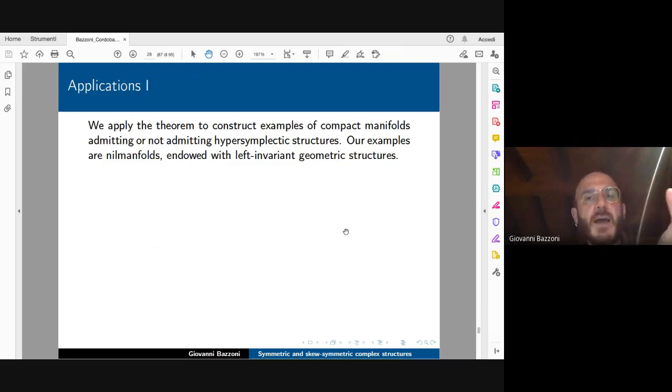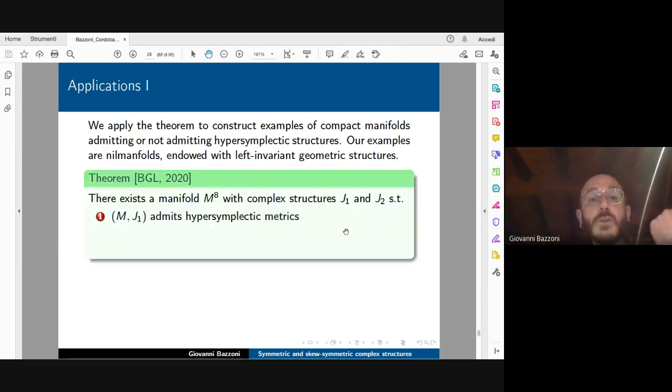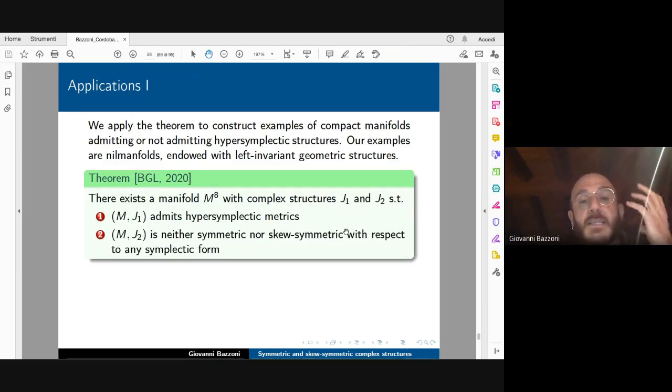As I say, these are nilmanifolds, and the kind of structures we are interested in are left invariant geometric structures. So for instance, we have an 8-dimensional manifold with two non-equivalent complex structures, J1 and J2, such that the first one admits hypersymplectic metrics, and the second one is neither symmetric nor skew-symmetric with respect to any symplectic form.